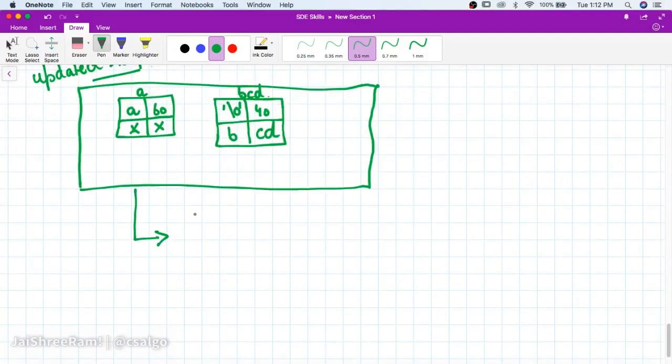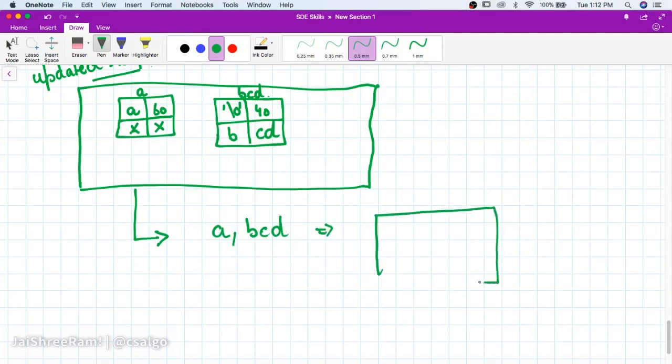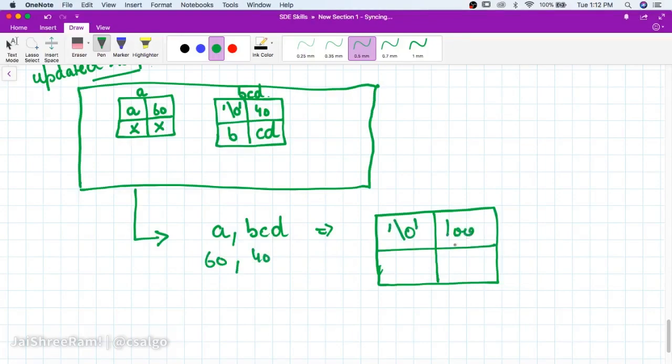Again we will remove two nodes. This time the two nodes removed are A and the BCD node. I will form a new node, and its character is a null character. Its cost will be the sum of these two costs, 60 and 40, so 100.